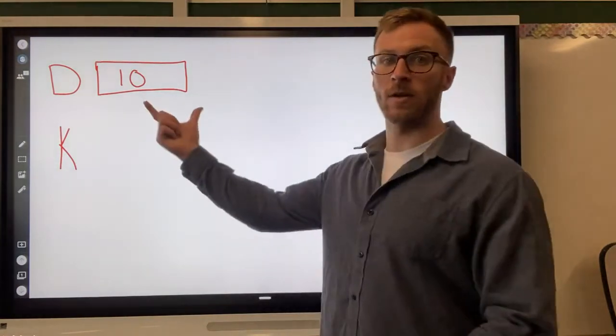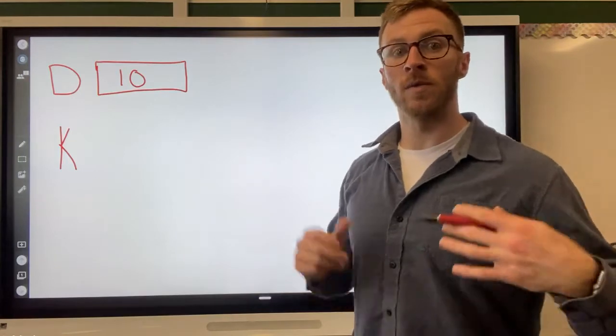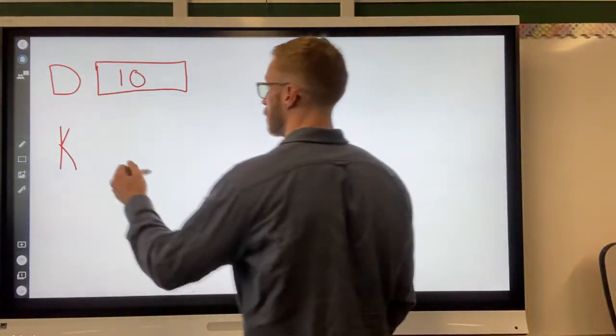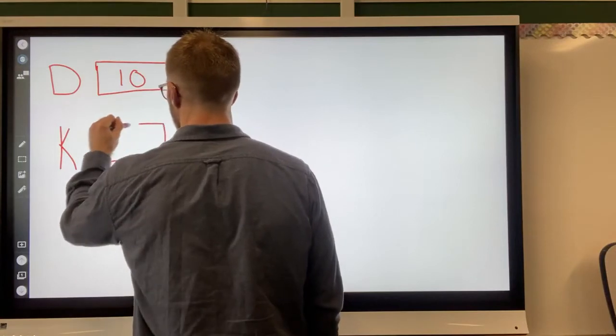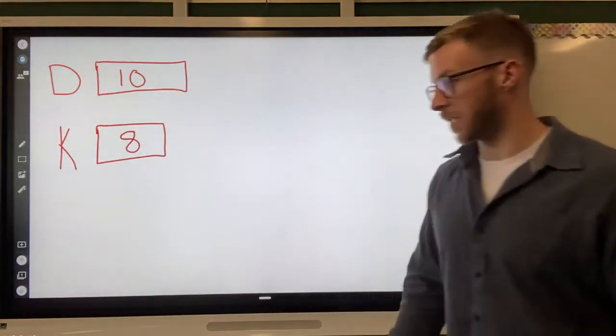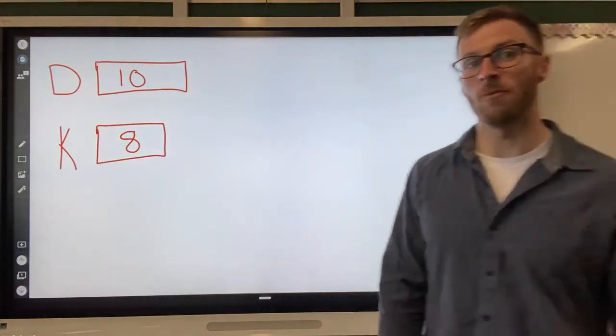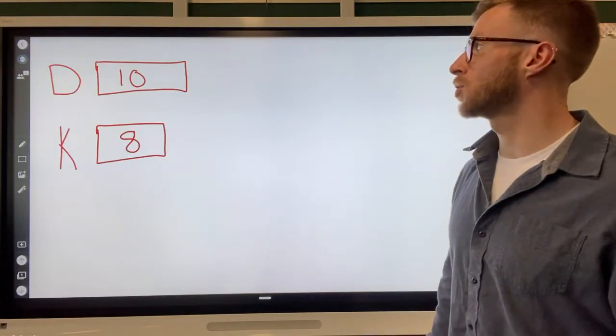So is this rectangle going to be bigger or shorter? It's going to be shorter because 8 is a smaller number. So there's Kiana's 8 minutes. So we need to figure out how much shorter was her time. How much shorter?